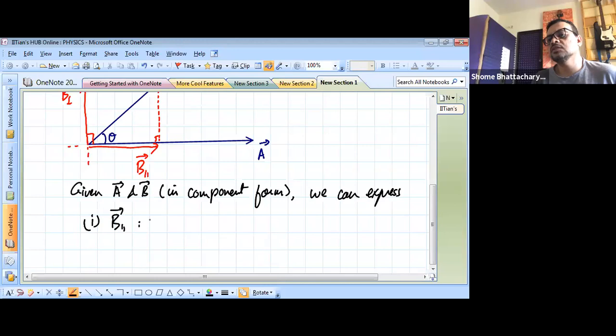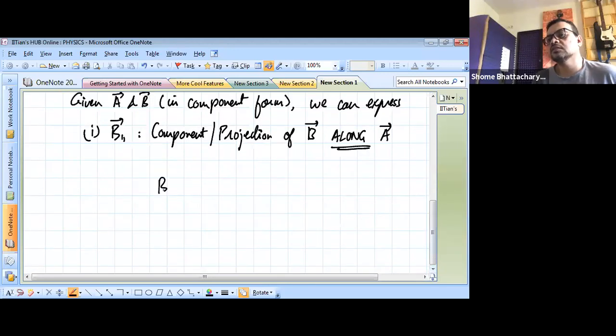This one, which is the component or projection of vector B along vector A, we can express as having a magnitude of B cos theta, and its direction will be along A's direction. So its unit vector will be A cap.